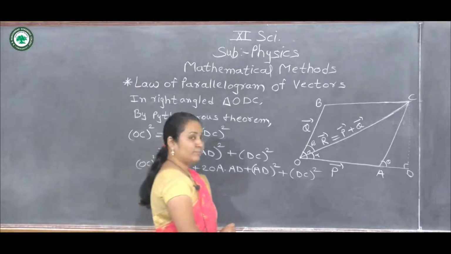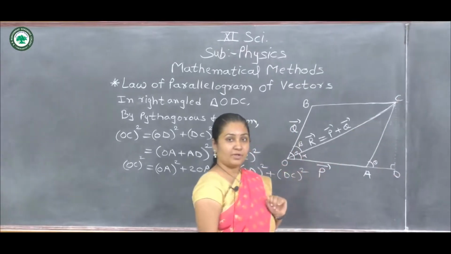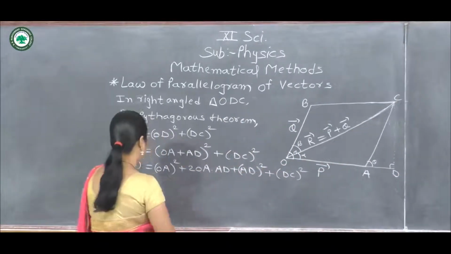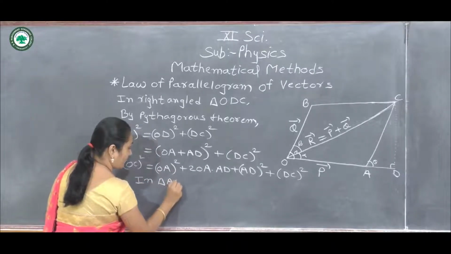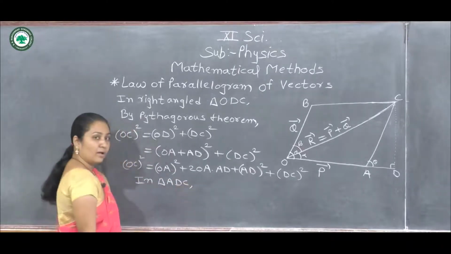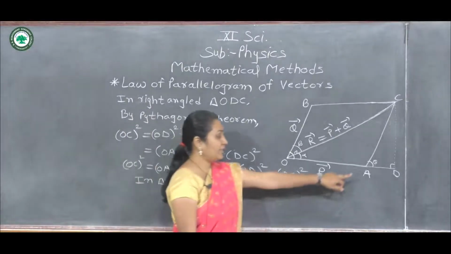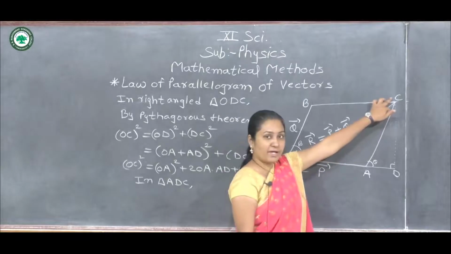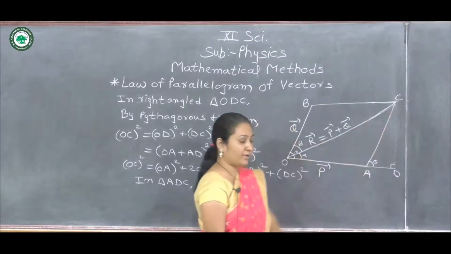Now again, in right angle triangle ADC, by using the Pythagoras theorem, we can write AC square is equal to AD square plus DC square.